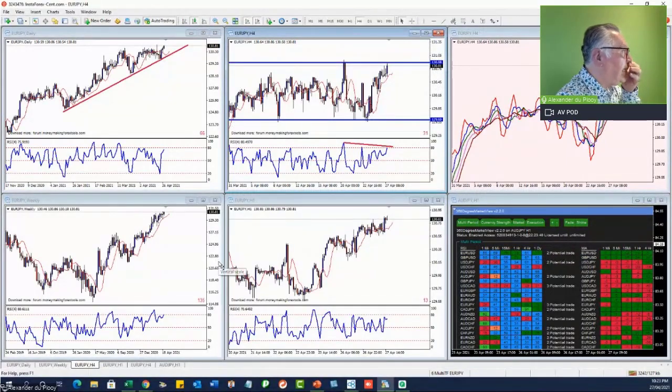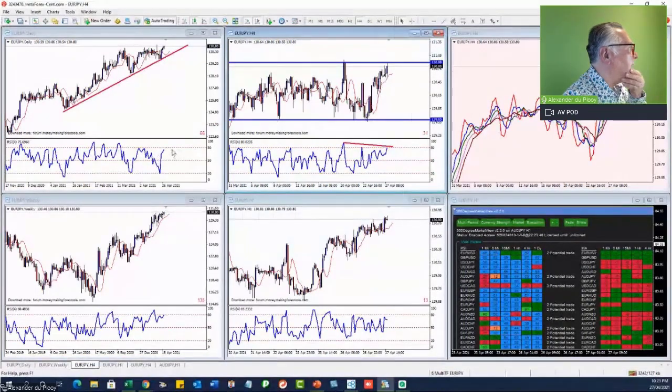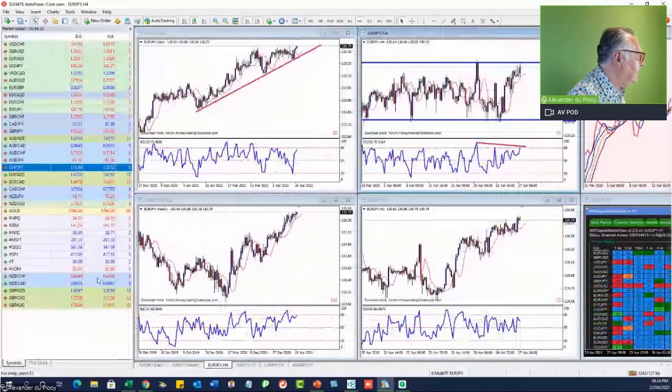This is a really against the trend trade, this one. Really, really dangerous trade. It is diverging a little bit. I might take the euro yen then instead because of the volatility. And also, if we look down here, where's the euro yen?